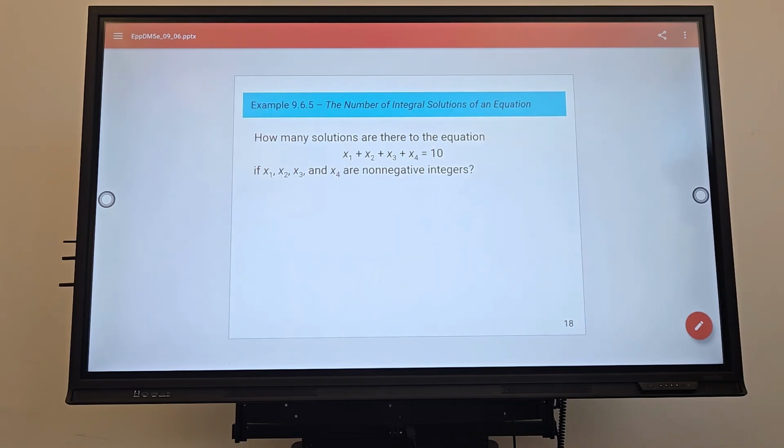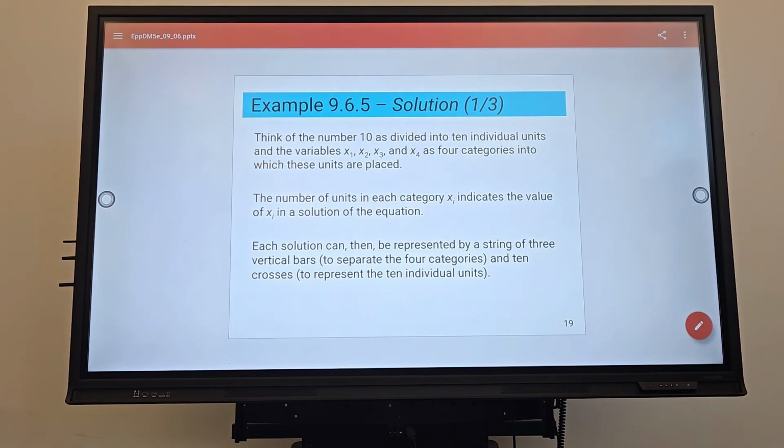How many solutions are there to the equation x1 plus x2 plus x3 plus x4 equals 10 if x1, x2, x3, and x4 are non-negative integers? Think of the number 10 as divided into 10 individual units, and the variables x1, x2, x3, and x4 as 4 categories into which these units are placed. The number of units in each category, x sub i, indicates the value of x sub i in a solution of the equation.